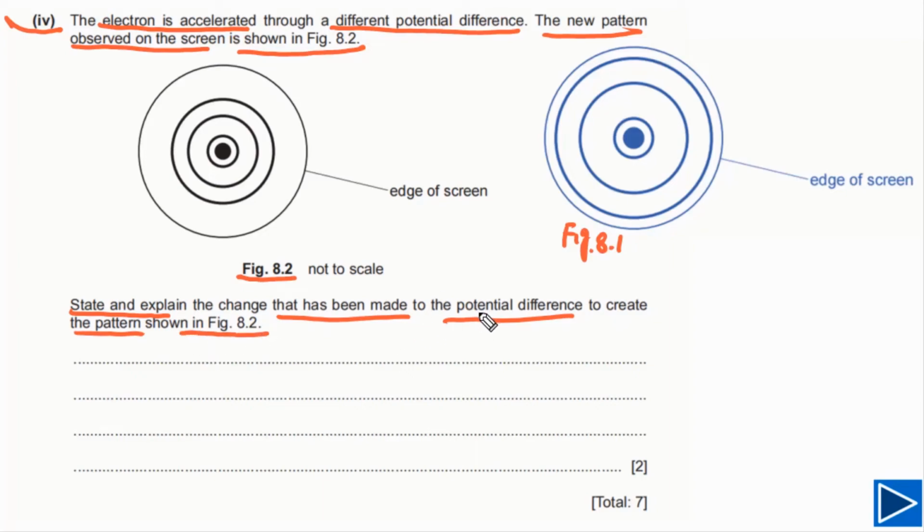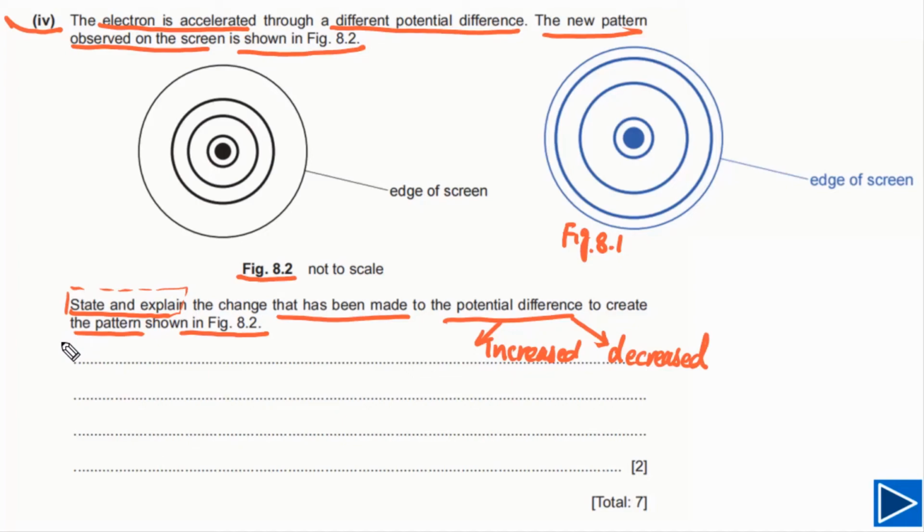So we need to explain the change made to the potential difference, meaning the potential difference has been increased or decreased. So we have to state that, then we have to explain that. This question has only 2 marks: 1 mark for stating, 1 mark for explaining.